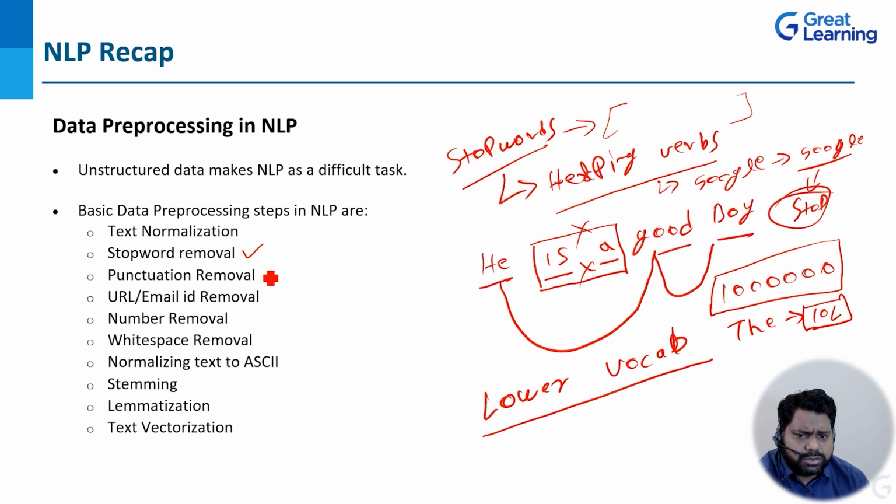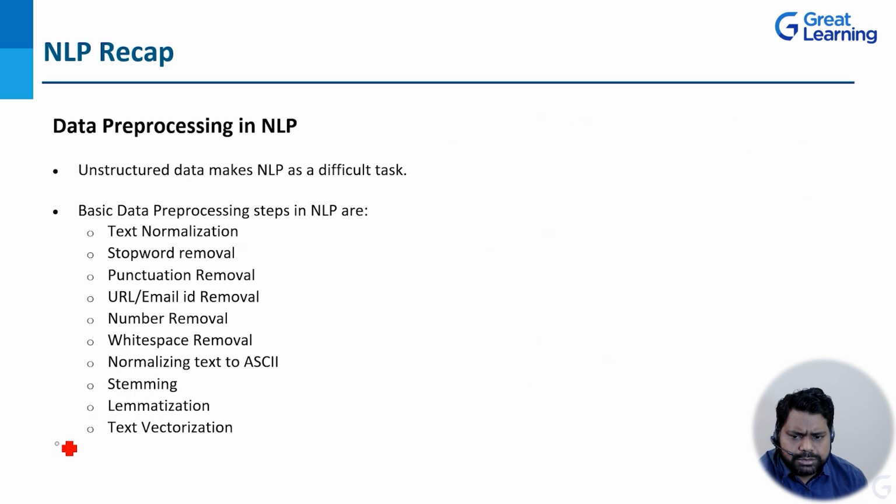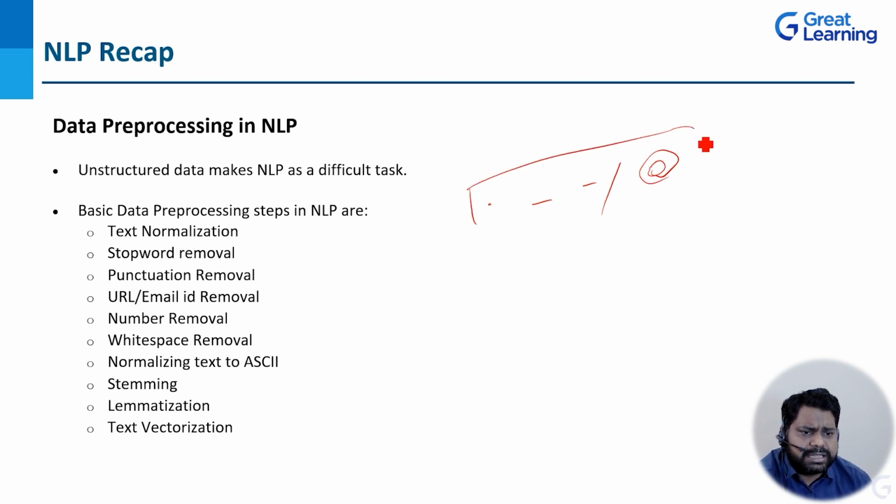So moving on to the next topic, punctuation. We all know that whenever we write sentences, we divide two sentences with the help of a period, and often we use hyphen, slash, at the rate. These are nothing but punctuations. These are also a kind of noise to us, so we can remove them too.